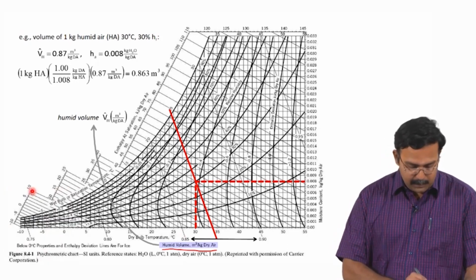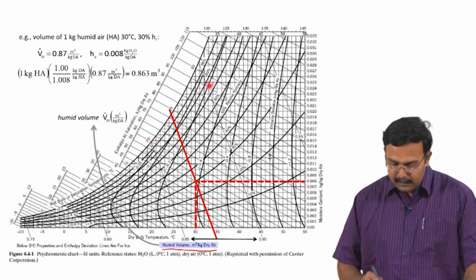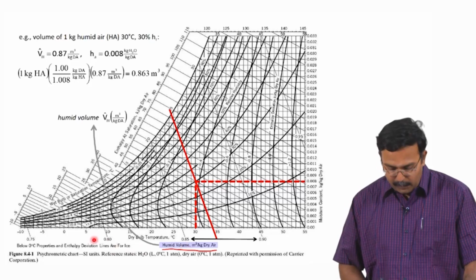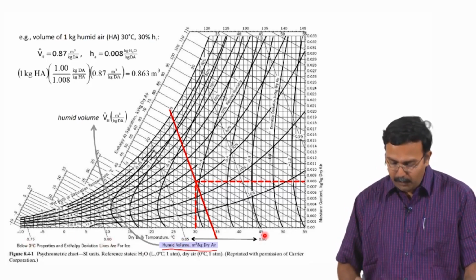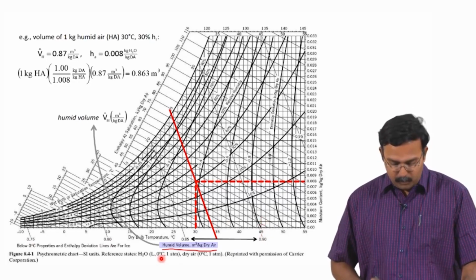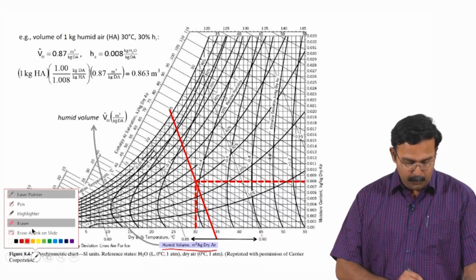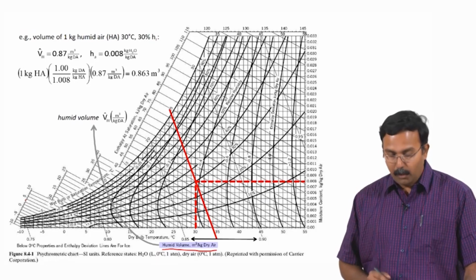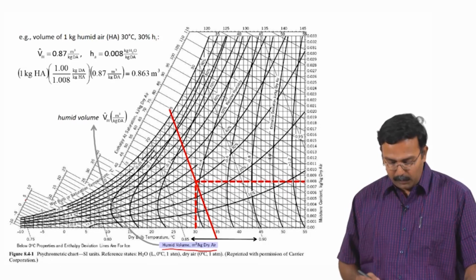These are the slanted lines, and the values you see here, which are 0.75, 0.8, 0.85 and 0.9, correspond to something called the humid volume. So, for a given condition, relative humidity, we would be able to calculate the humid volume, which would give us the volume of the air we are looking at.